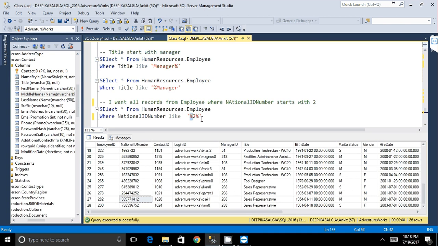So it can start with 2 as well, and then it can end with 2 as well. The same thing, any numbers after 2, or it can end with 2, even if the 2 is the last, that's fine, because percent represents any length of string including 0. So it can be in the end, in the start, or in the middle.